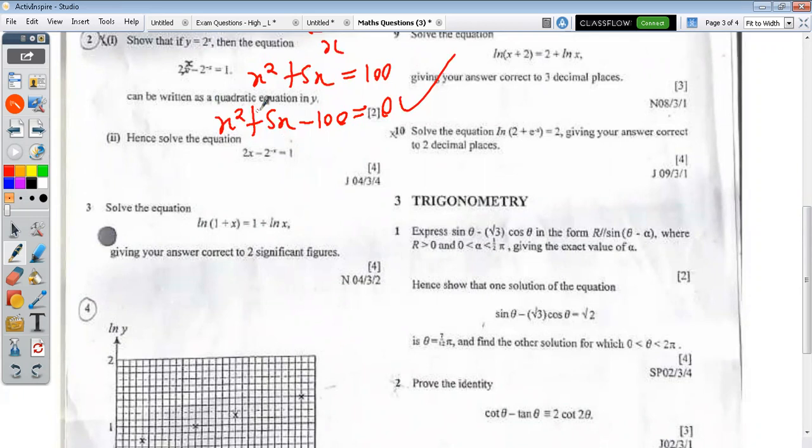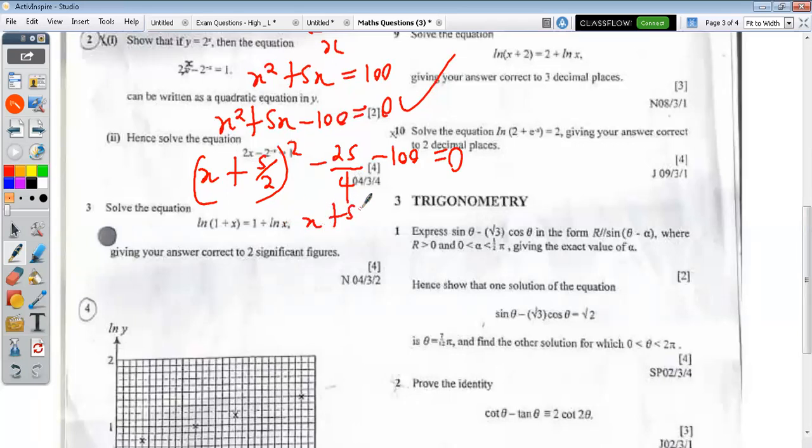There are many ways you can do it. If you want, you can complete the square. So if you complete the square, you have x plus half of this, that's 5 over 2, squared, minus, if you square this, 25 over 4, minus 100 is equal to 0. Then you've got x plus 5 over 2 all squared.